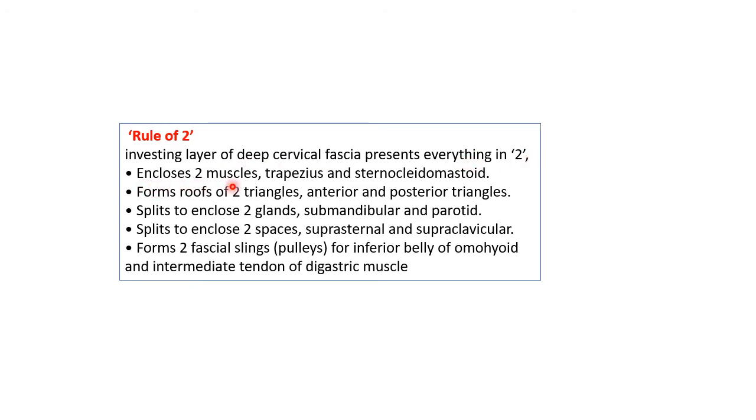It encloses two muscles, trapezius and sternocleidomastoid; forms the roof of two triangles, anterior triangle and posterior triangle; splits to enclose two glands, submandibular gland and parotid gland; splits to enclose two spaces, suprasternal space and supraclavicular space; and forms two fascial slings or pulleys, one for the inferior belly of omohyoid and another for the intermediate tendon of the digastric muscle. So, to remember this, there is a rule of two.